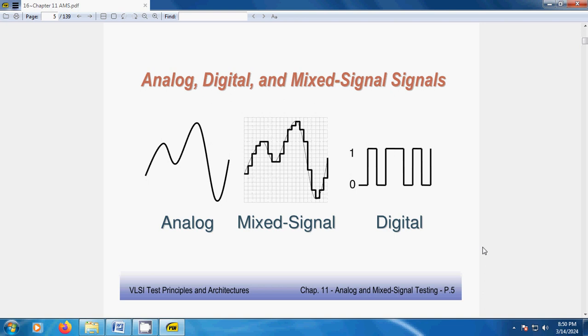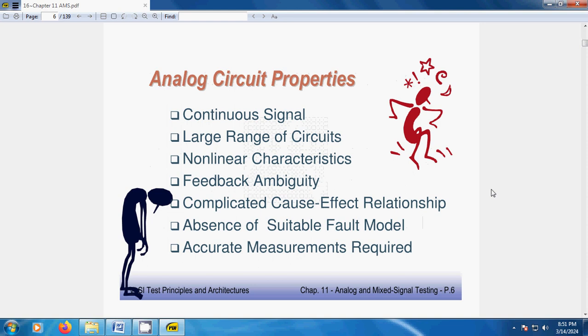So what are the basic analog circuit properties? First, it is a continuous signal, that you already know. It is a signal that is continuous with respect to time, and there is a very large variety of circuits available.